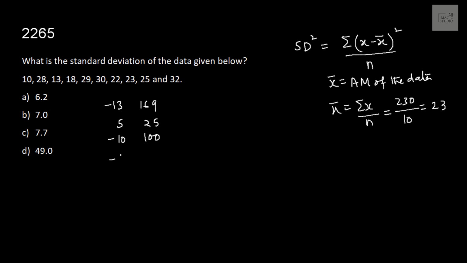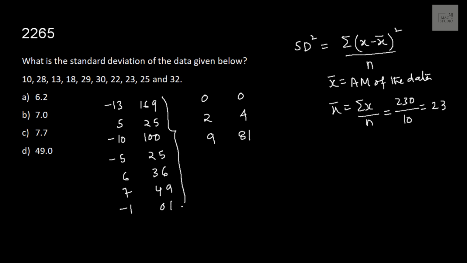18 minus 23 is minus 5, square 25. 29 minus 23 is 6, square is 36. 30 minus 23 is 7, square 49. 22 will give minus 1, that is 1, and then 23 will give 0, square is 0. 25 minus 23 is 2, square is 4. 32 minus 23 is 9, and square is 81.